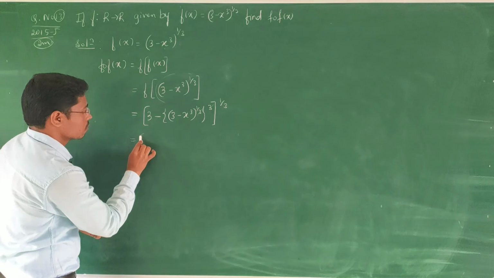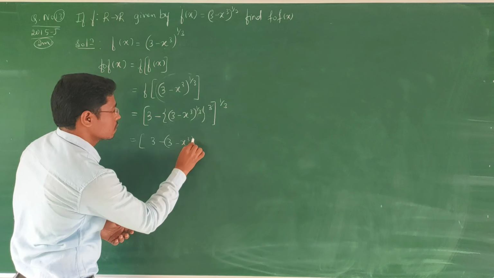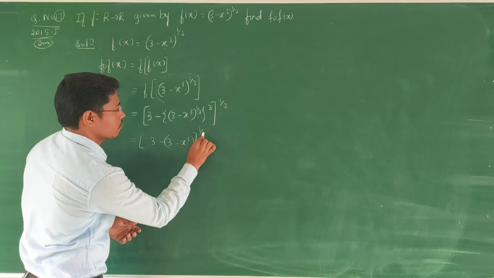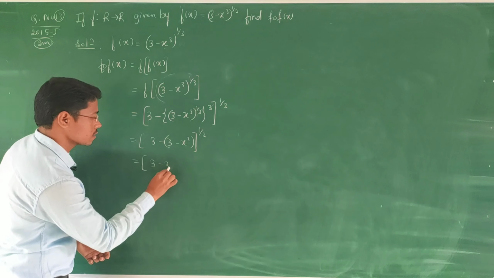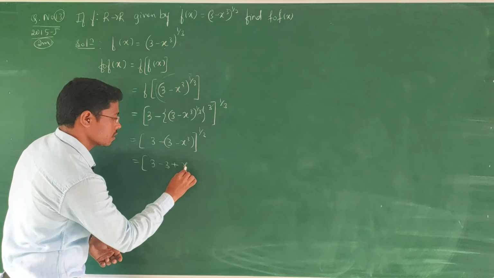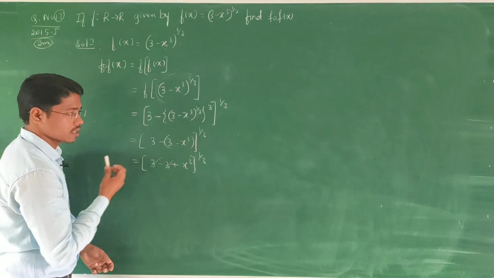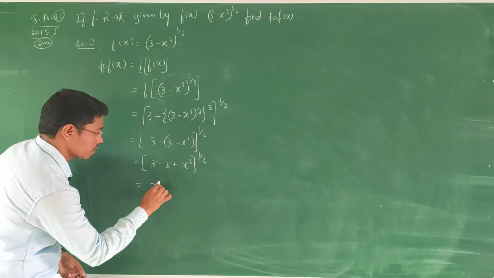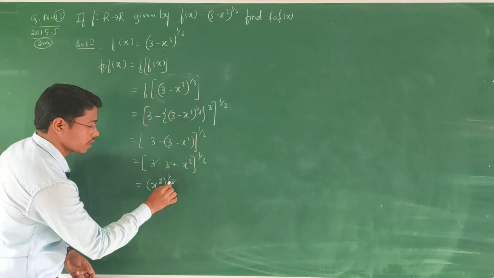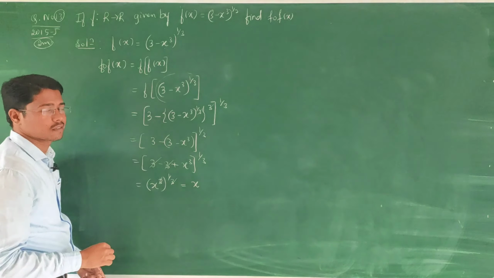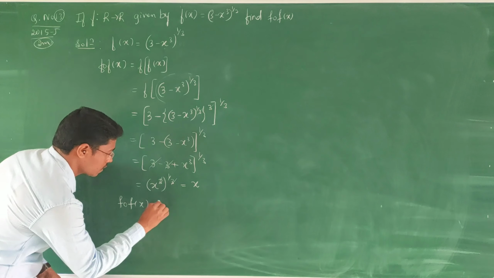This is equal to 3 minus x cube power 1 by 3, which is 3 minus, minus into minus plus, x cube power 1 by 3. 3 minus 3 cancel out. This is equal to x cube power 1 by 3. Here the 3 and 1 by 3 cancel out. This is equal to x. So fof of x equal to x, right?